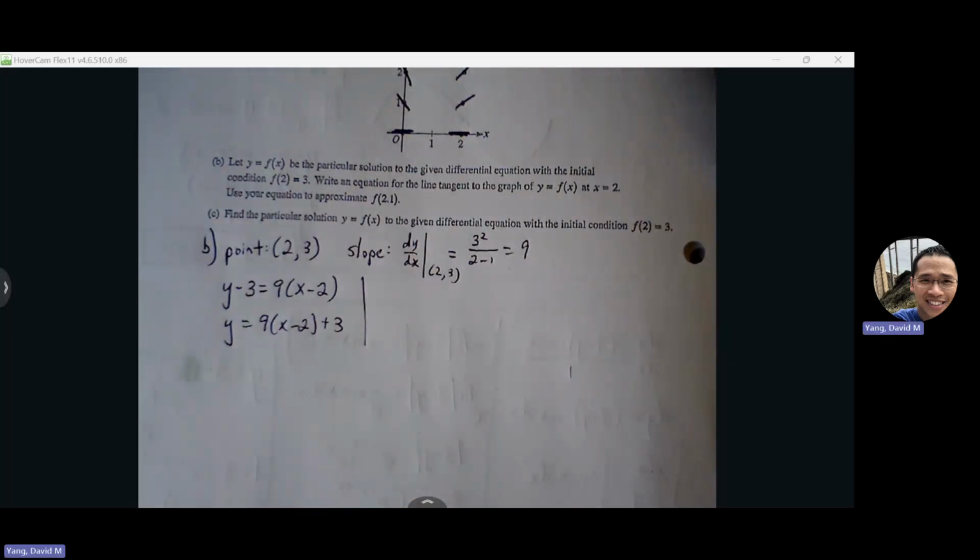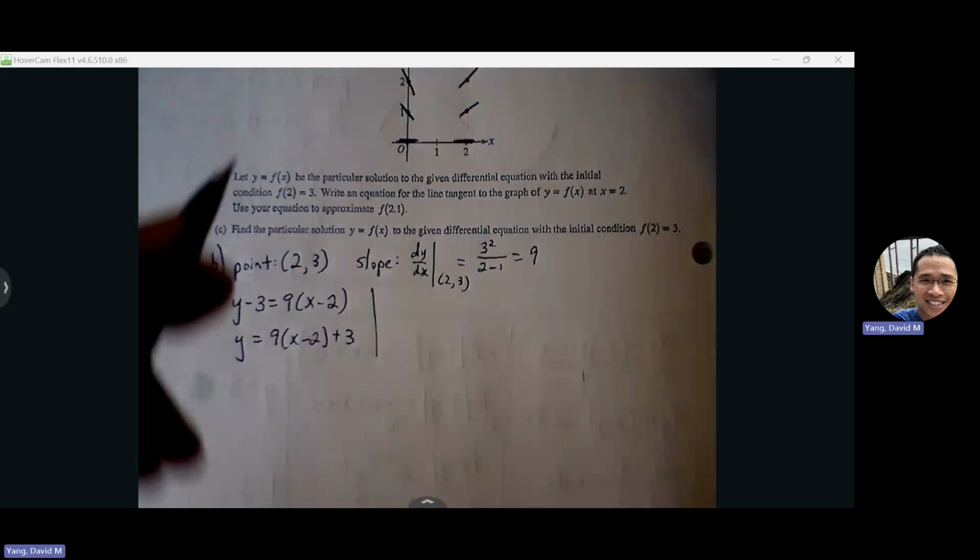So once I've built my tangent line equation, I'm ready to do my linear approximation. 2.1 goes in for x.